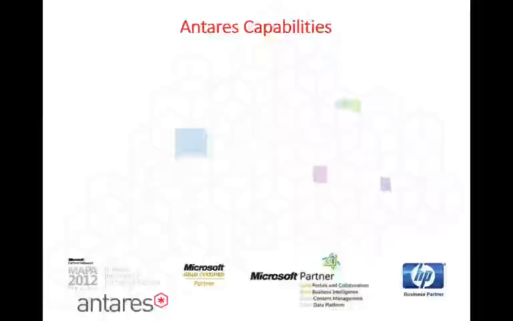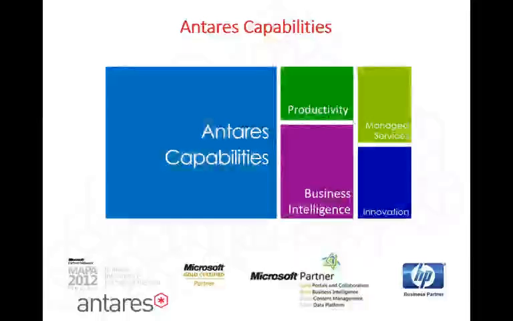So just to give you a little bit of an overview of Antares. Antares operates in multiple different capabilities. First and foremost in business intelligence, we provide management around real-time reporting, KPIs, dashboards, and also working with data cubes and big data.